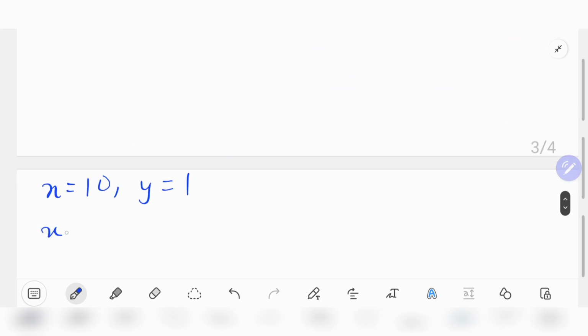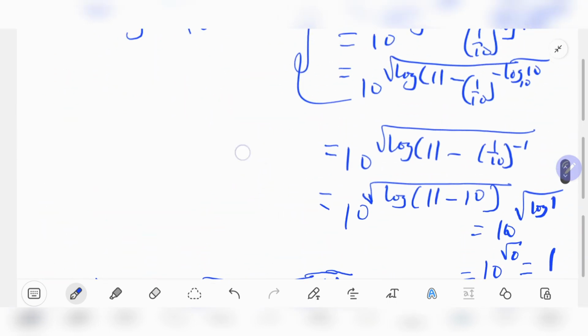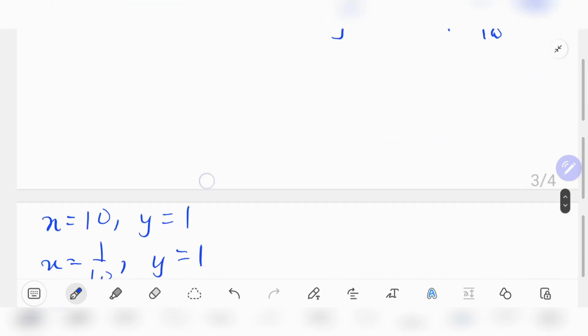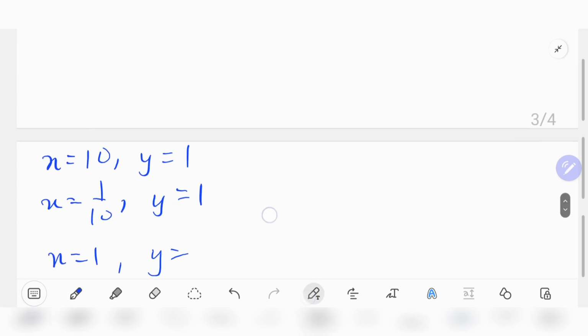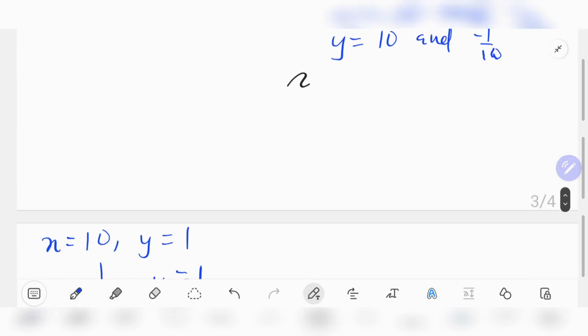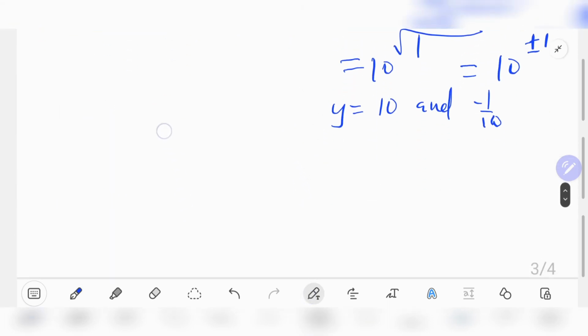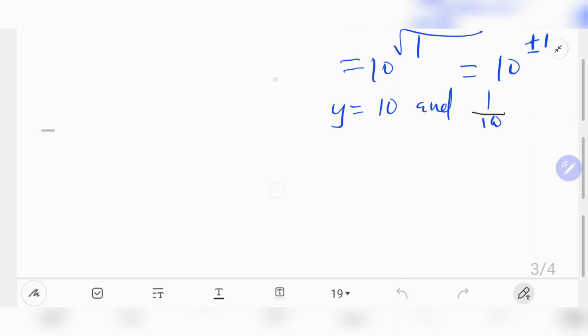So when x equals 1 out of 10, y is still 1. Then when x was equal to 1, y gave us two values, that was 10 and then 1 on 10. It's not negative 1 on 10, sorry, it's 1 on 10. So it's 1 and 10.